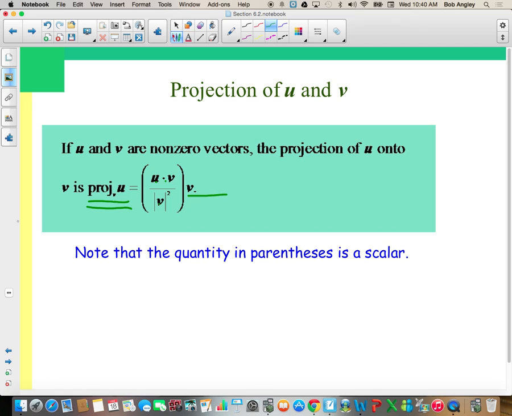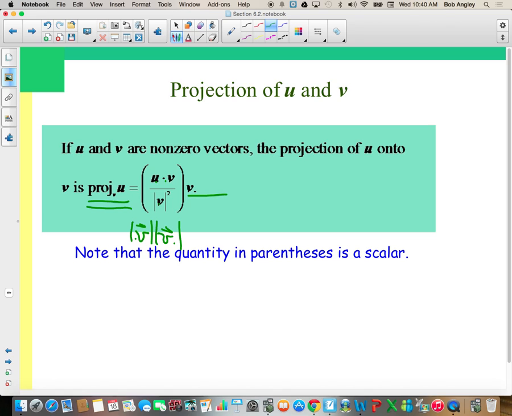Now this almost looks like the formula for the angle between the two vectors, except it's v times v instead of u times v.